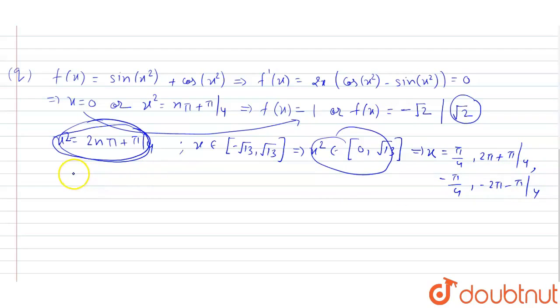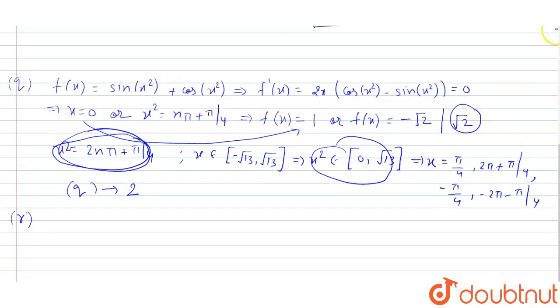Four values are there, so the answer for Q will be equal to 2. Now R, the third entry. Let us see the third entry, what we have given.